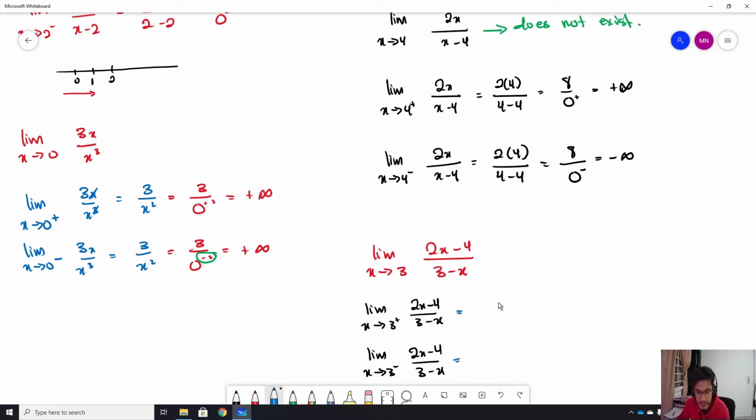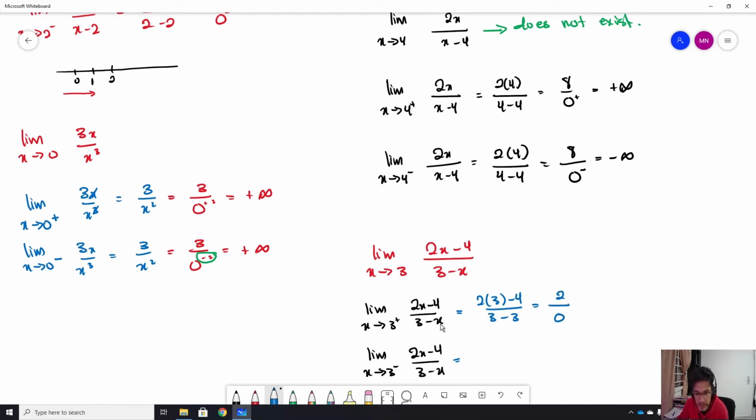Here we get 2 times 3 minus 4 over 3 minus 3, so 6 minus 4 is 2 over 0.